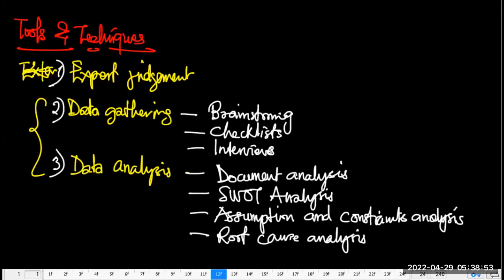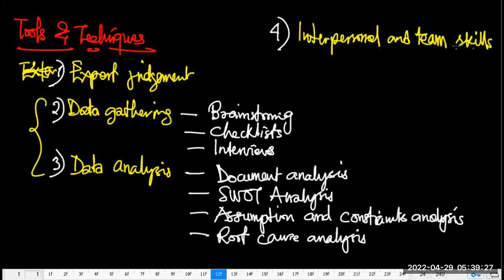But here there is an additional one, which is interpersonal and team skills, your ability to facilitate, right?